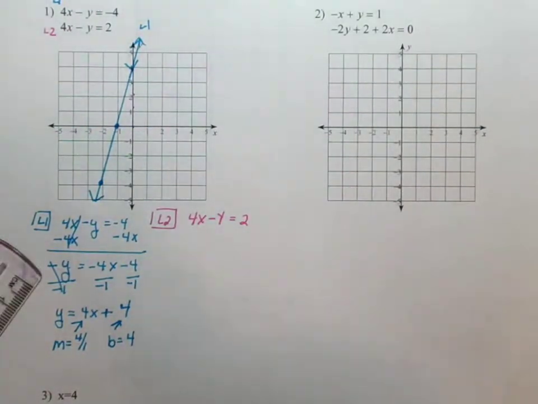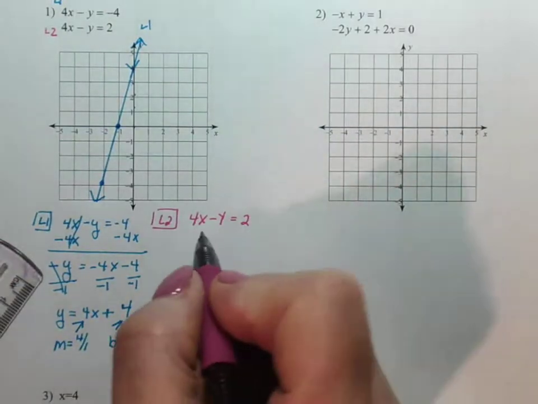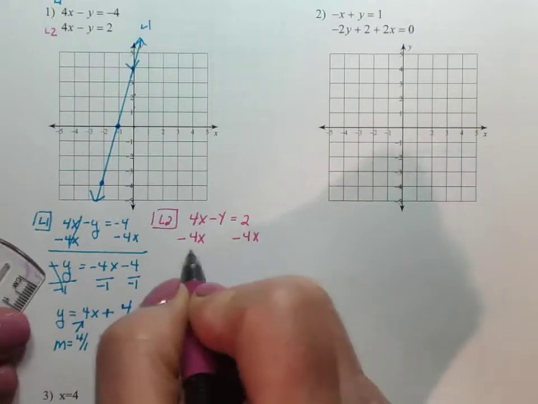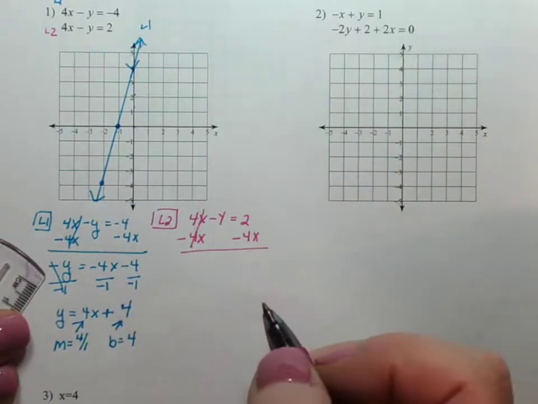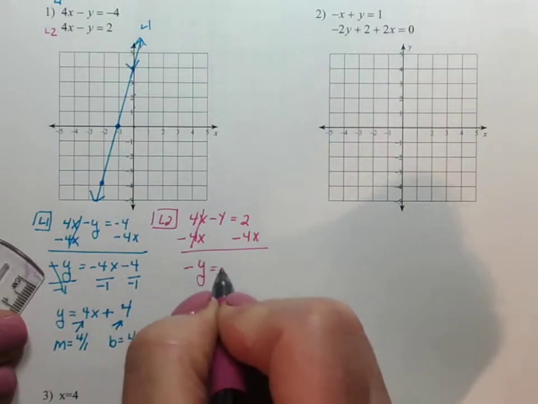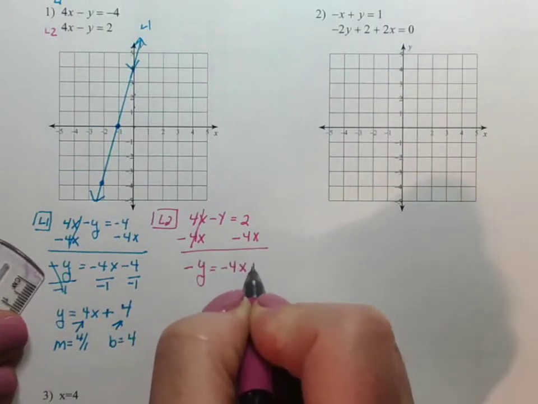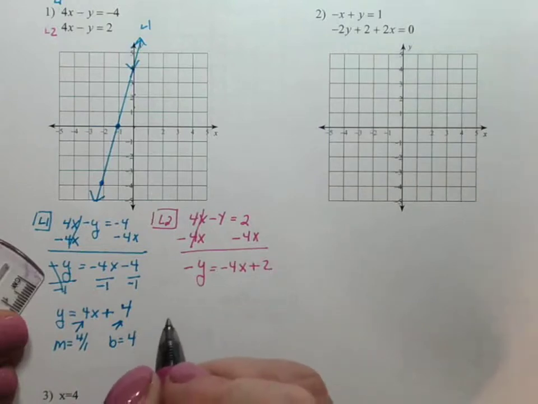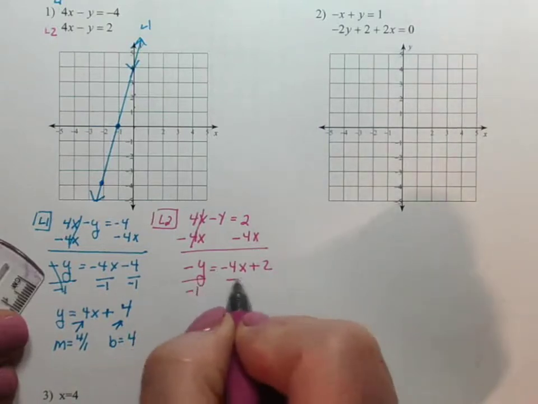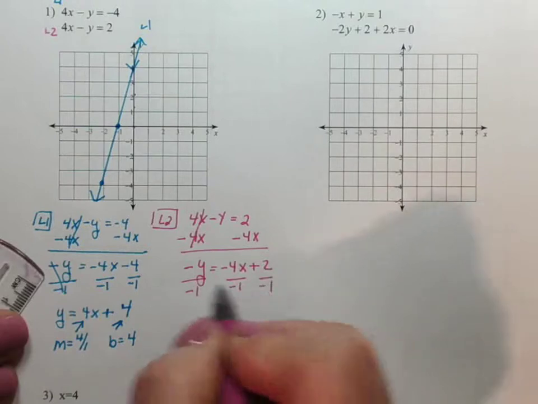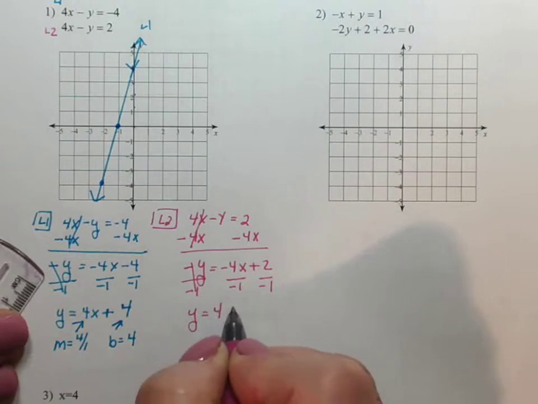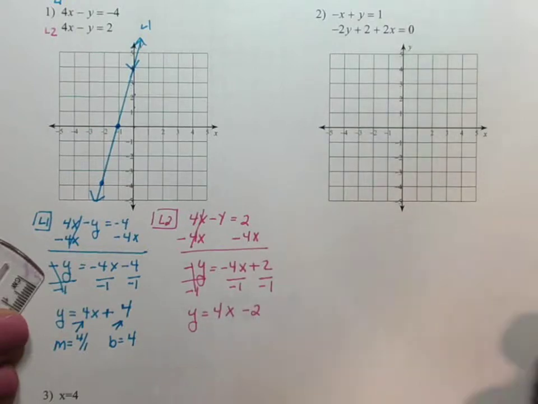Now we're going to graph line 2. We're going to subtract 4x from both sides. We get negative y equals negative 4x plus 2. Divide by negative 1, and you get y equals 4x minus 2.